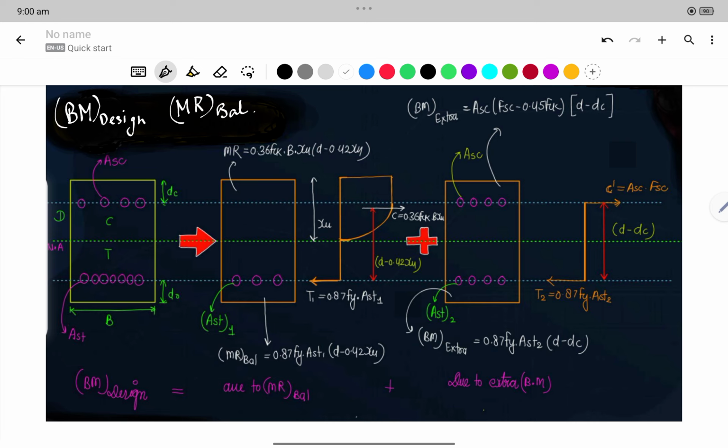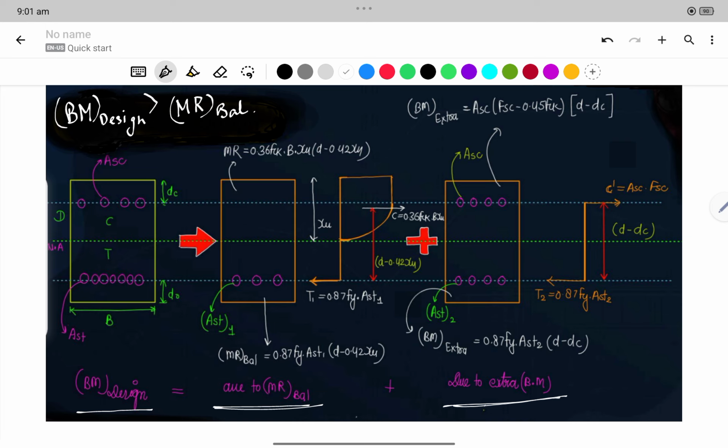If the bending moment design is greater than the bending moment balance, we have to do something extra, because your original force is coming more than the beam's ultimate limit. So we are going to do the doubly reinforced. Bending moment design is equal to bending moment balance plus bending moment extra. For this extra part we are doing the doubly reinforced.